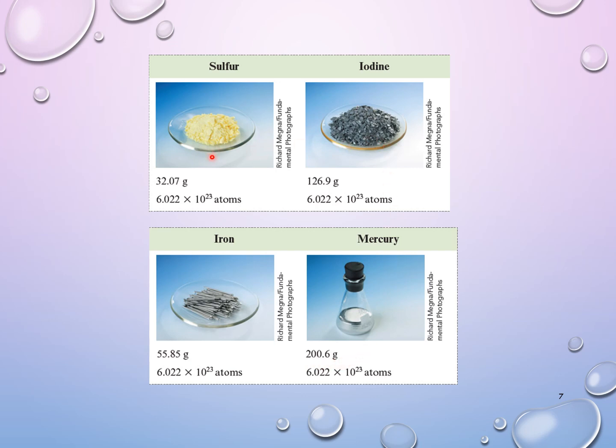They all look kind of different, but the point is 1 mole of each of them will have Avogadro's number of atoms. But each one of them has a greatly different mass, and that depends on their mass on the periodic table.